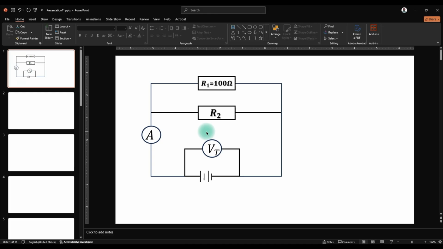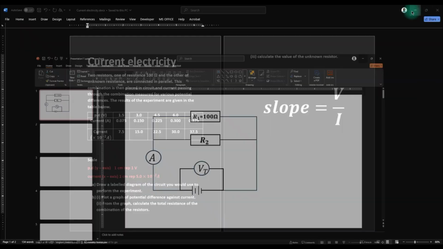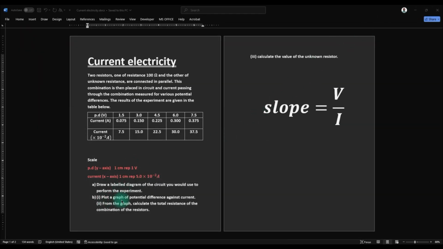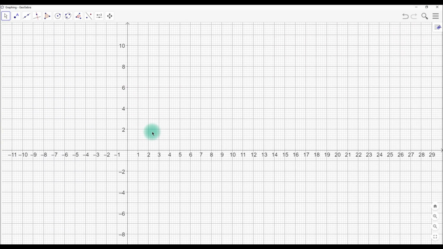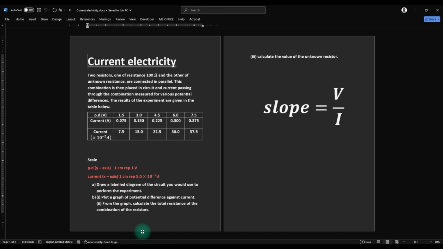Then, something else we are going to look at is to plot a graph of potential difference against current. I've said that I'm going to use the GeoGebra software, so here it is. I have noticed that for my values, the maximum potential difference is 7.5, and for current it's 7.5 times 10 power negative 2.